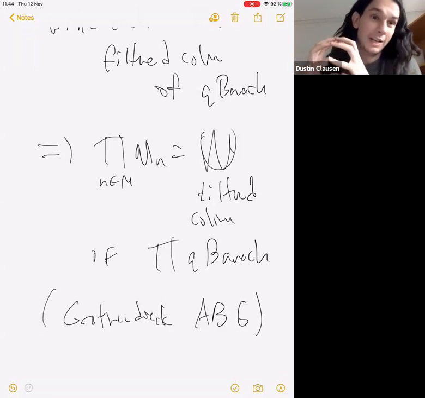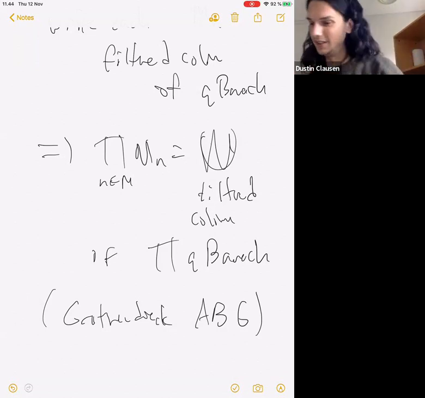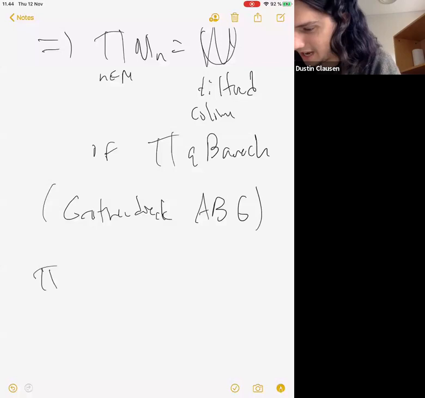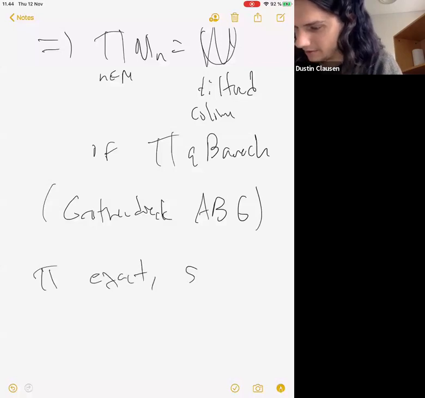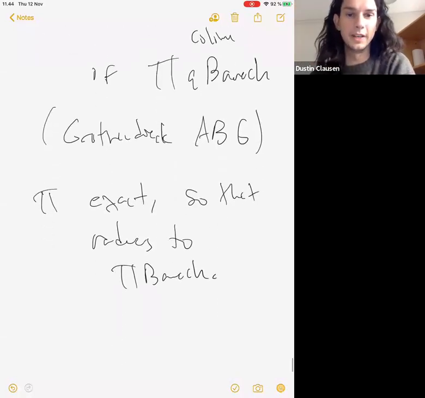It doesn't hold in many abelian categories, but it holds in abelian groups, and therefore it holds in any abelian category with enough compact projectives. So it holds in our case. So we reduce to products of quasi-Banach spaces, but infinite products are exact. So that reduces to products of Banach spaces, right?